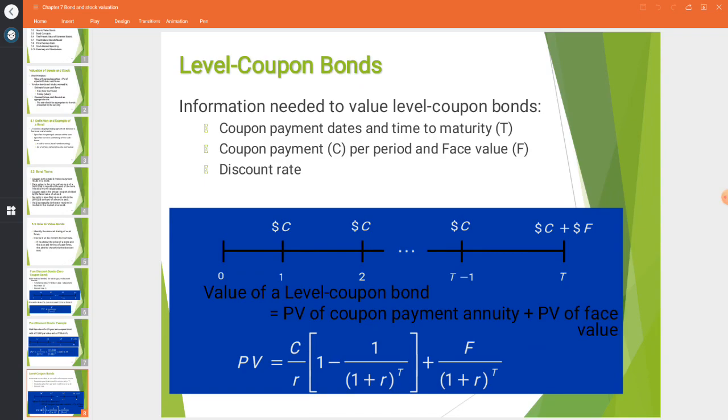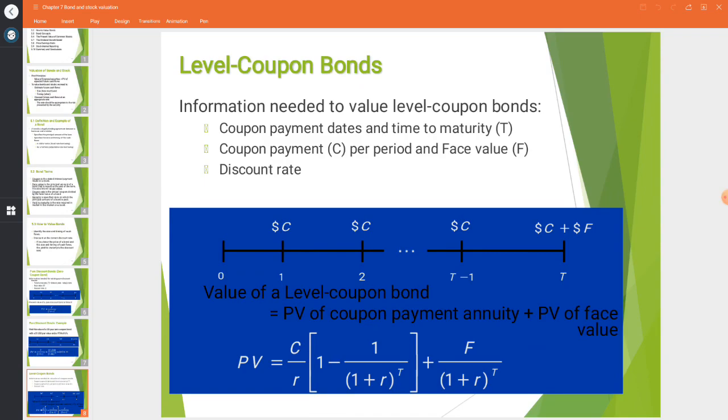The second cash flow that we are going to receive, if you invest in this type of bond, is the face value at the end of the maturity date. But as you see, give a look at the timeline here.